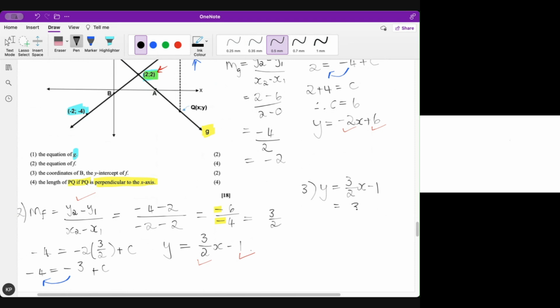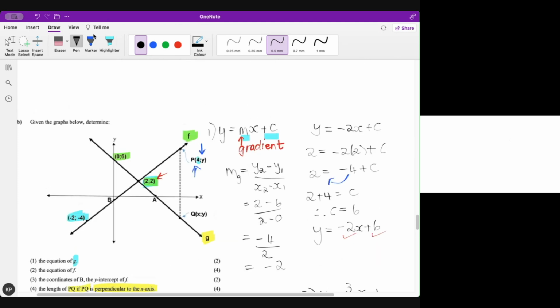So I'm going to substitute that. 3 over 2 times 4 minus 1. What's 3 over 2 times 4? Is it 6? It's 6 minus 1. Therefore, your y is equal to 5.